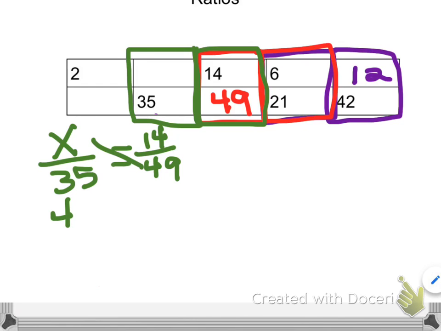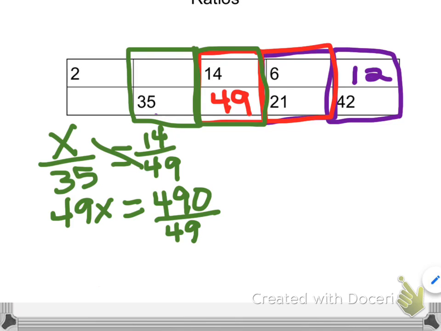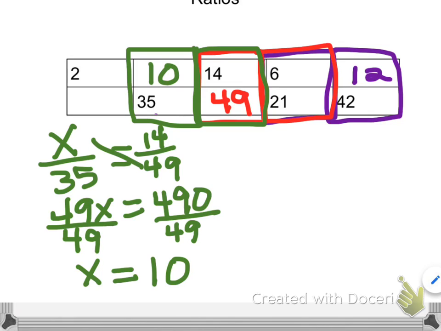So I have 49x is equal to 490. And then I'm going to divide both sides by 49 so that I can get the x all by itself. And I'm going to get 10 for that answer. So I'm going to fill that in right here.